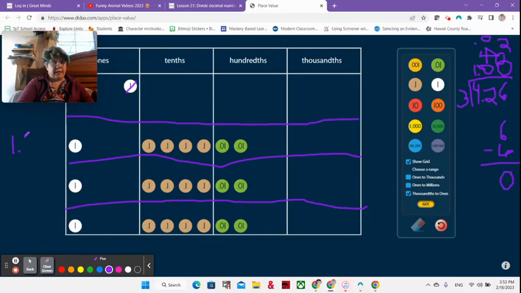So that was 1 and 42 hundredths. You can see right here, 1 and 4 tenths and 2 hundredths. Sorry, that's kind of sloppy, but here's 1, 4, 2. All right, 1 and 42 hundredths.